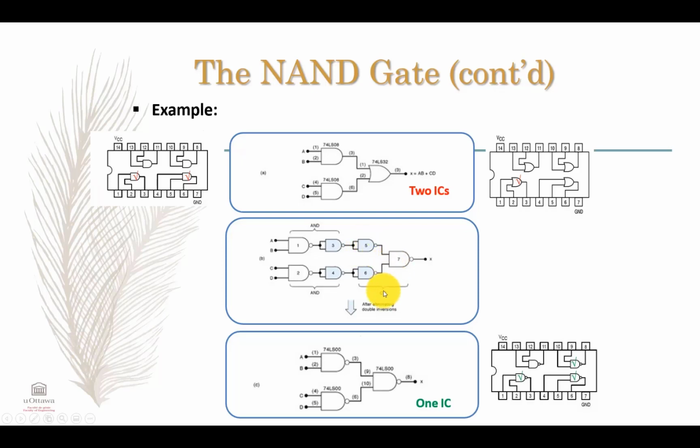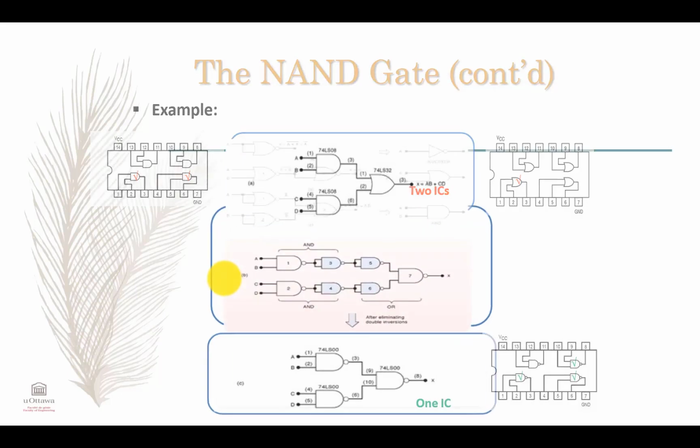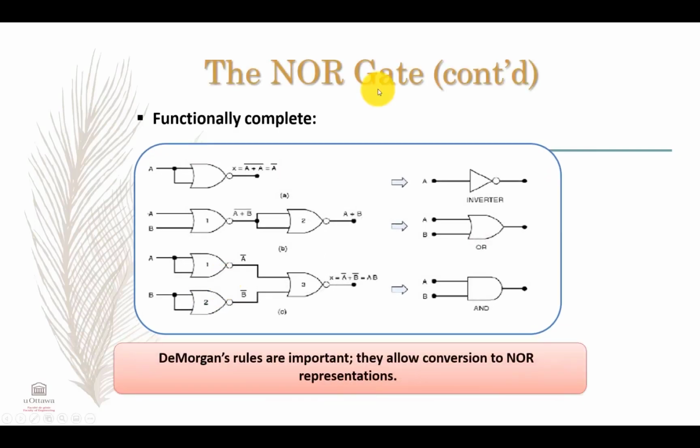As such, the OR gate in this Boolean expression X can be replaced by gates number 5, 6, and 7. And since we can eliminate the double inversion for 3, 5, and 4, 6, the whole circuit can be implemented with just one NAND IC. Now the NOR gate is also said to be a functionally complete gate.